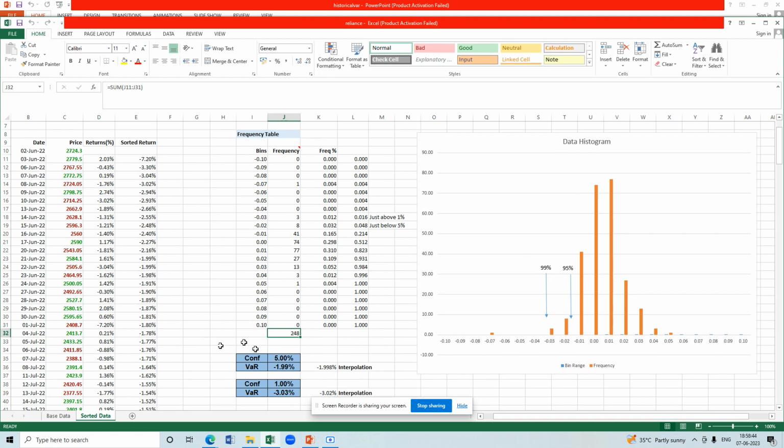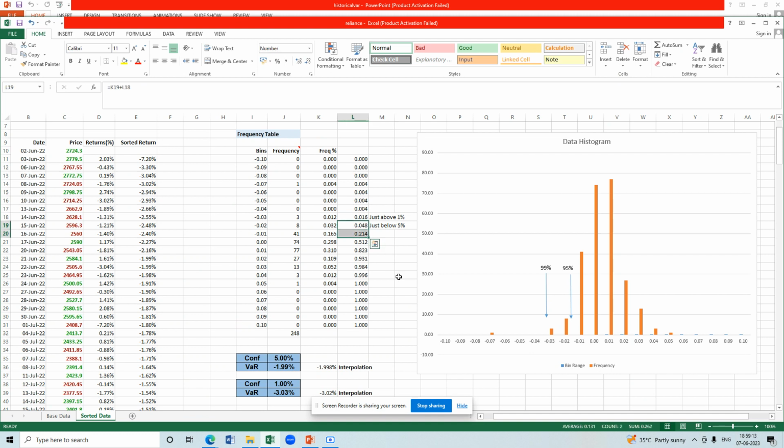Now, we need to compute the VAR value for the confidence levels 5% and 1%. So how do you do that? Using this particular data, if you see the frequency build up over here on a cumulative basis, you know that 5% happens between 0.048 and 0.214.